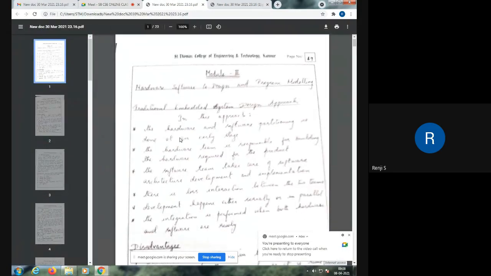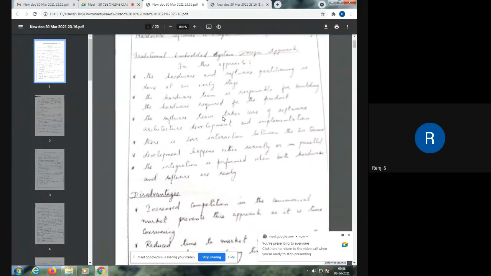There was a traditional approach, and in the traditional approach, the hardware and software partitioning is done at an early stage. That is, initially when we start, before implementation, we design the system, and during the early phase of design, the designers will first partition the system into hardware part and software part, and then the hardware team is responsible for building the hardware required for the system or the product, and the software team is responsible for building the software architecture and its development.